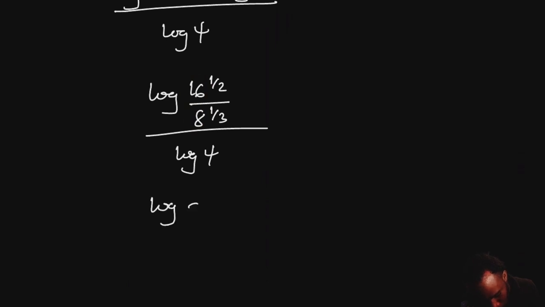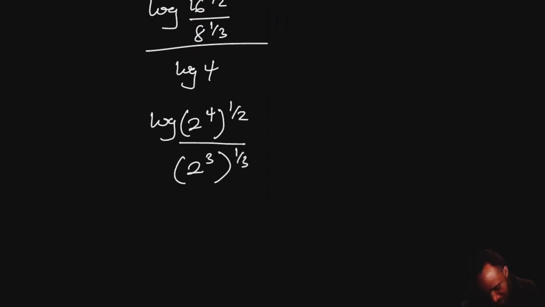Log of 2 raised to the power 4, which is the same as 16, put all this in a bracket to the power 1 over 2, and then divided by 2 raised to the power 3, because 2 multiplies itself 3 times to get 8. So we can rewrite 8 as 2 raised to the power 3, and we also put in a bracket 1 over 3, all over log 4. Let's write this over here.